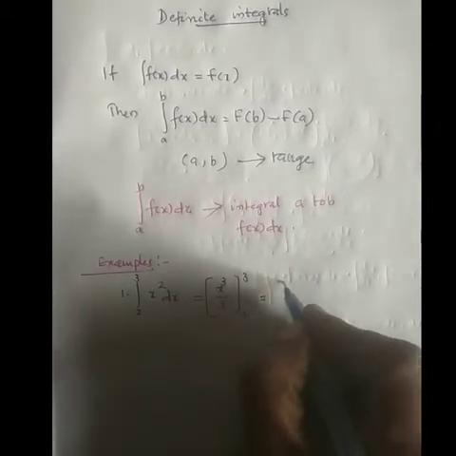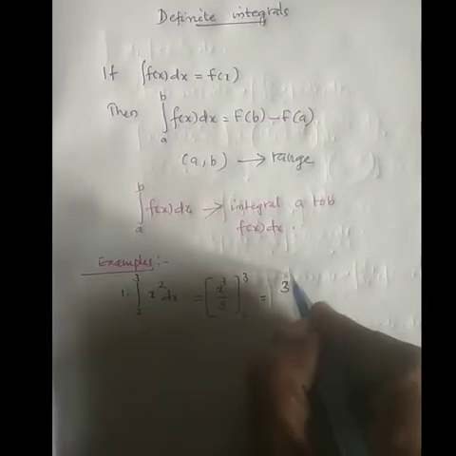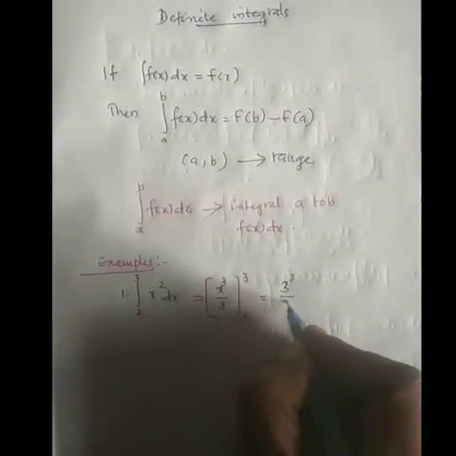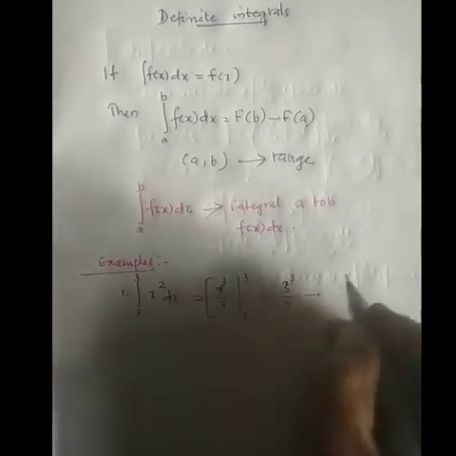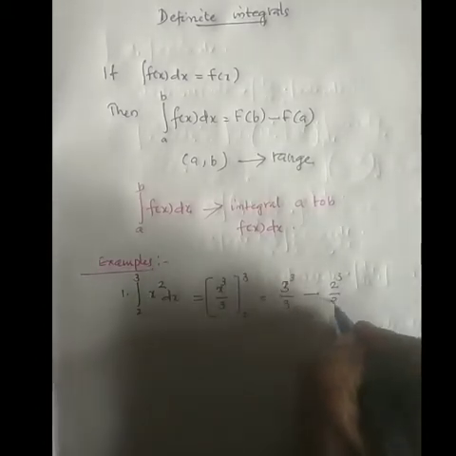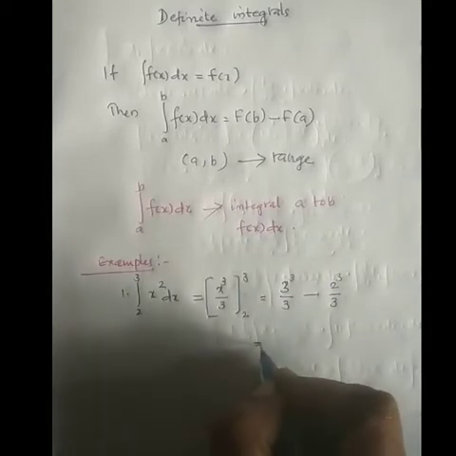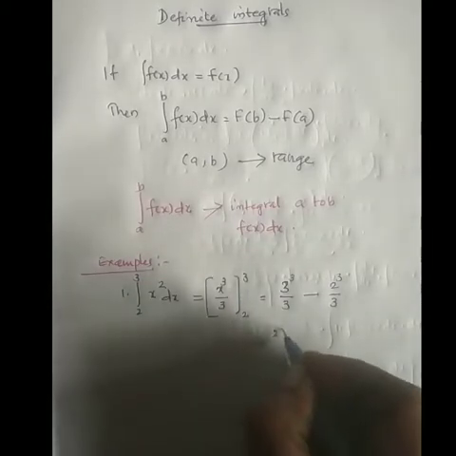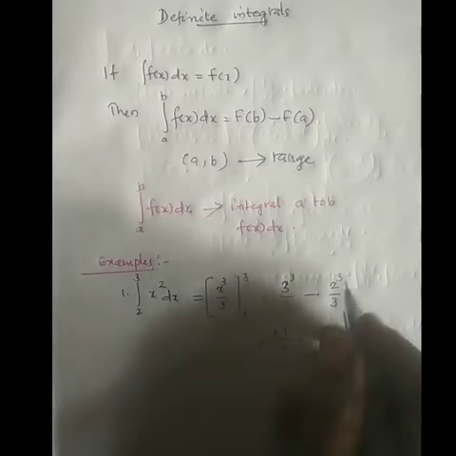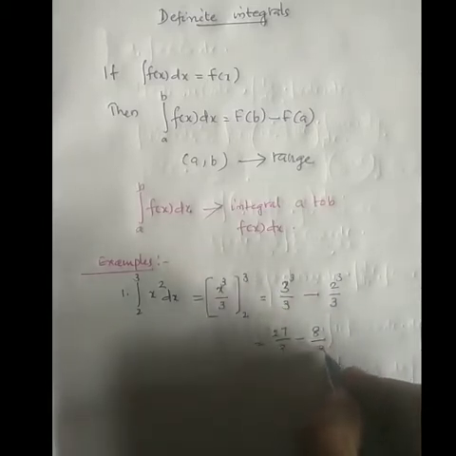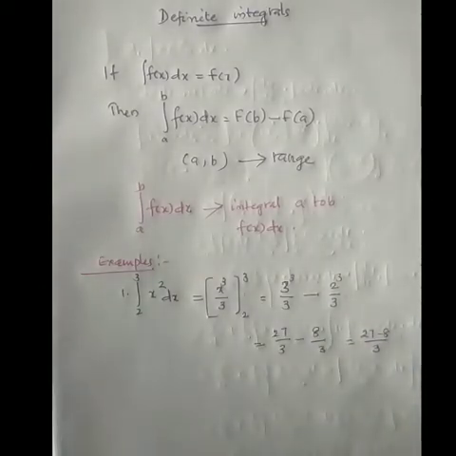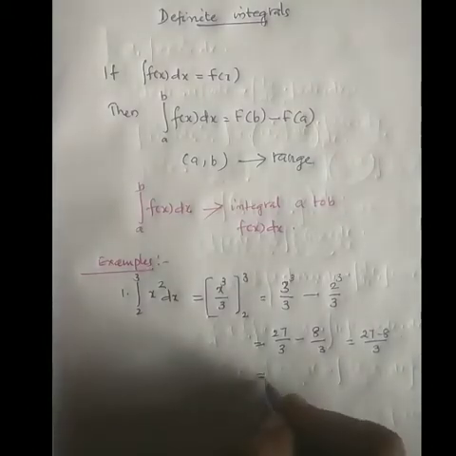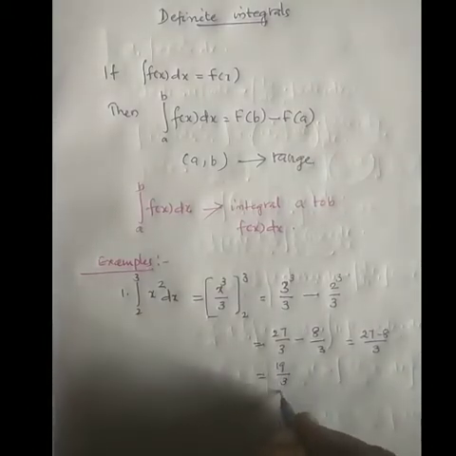That is 3 cube by 3 minus 2 cube by 3. 3 cube is 27, so 27 by 3, and 2 cube is 8, so 8 by 3. 27 minus 8 by 3 is 19 by 3. Answer is 19 by 3.